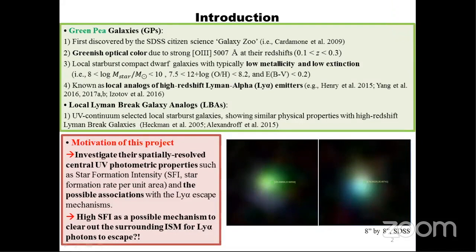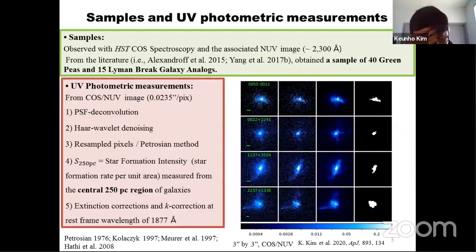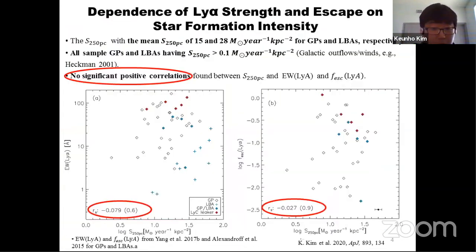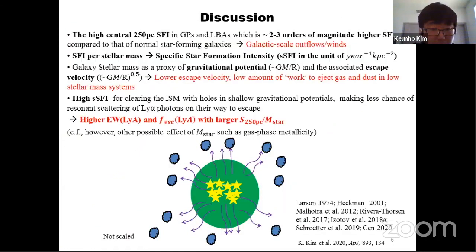Okay. Tom Toons asks, do you think the dependence on Mstar could be related to metallicity rather than halo escape velocity? Yeah, that's a great point. We also considered Mstar could be reflecting a low metallicity effect.